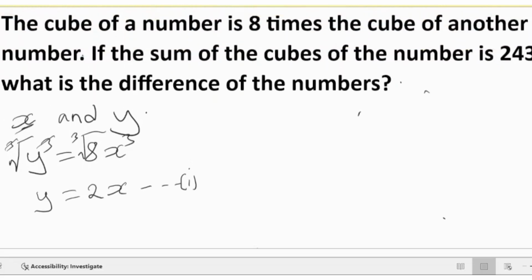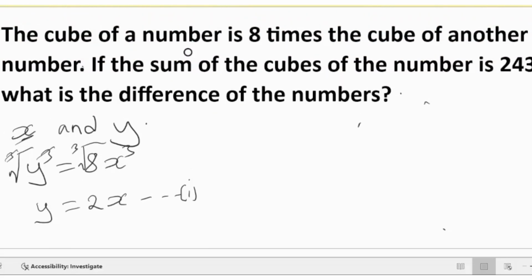We then form the next equation from the second sentence, which is saying, if the sum of the cubes of the numbers is 243, what is the difference? So up to here: if the sum of the cubes of the numbers is 243.